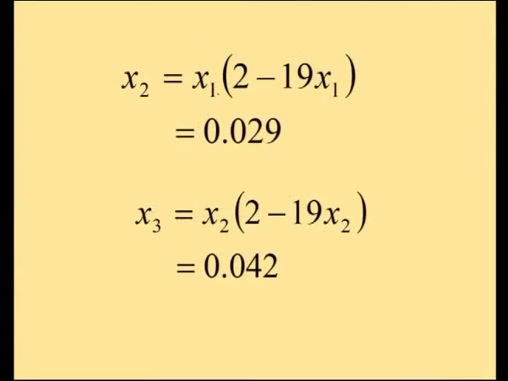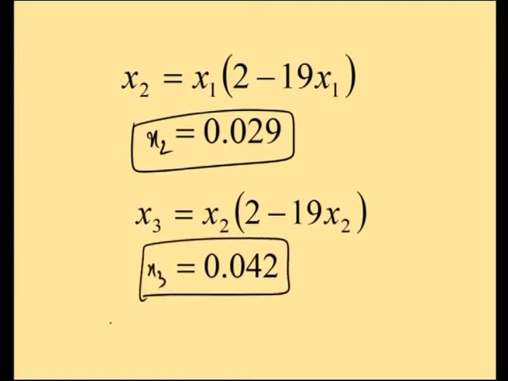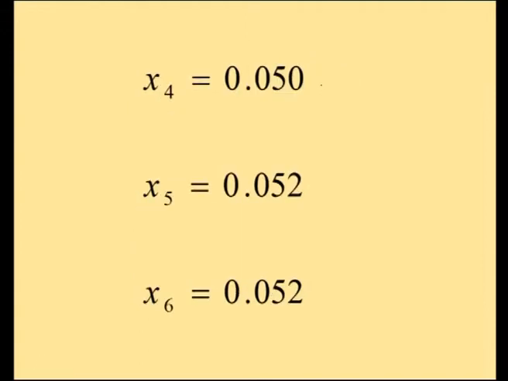Similarly, x2 is equal to x1 into 2 minus 19 x1, and we get x2 is equal to 0.029 and x3 is equal to 0.042, x4 is 0.050, x5 is 0.052 corrected to 3 decimal places, and x6 is 0.052 again corrected to 3 decimal places.